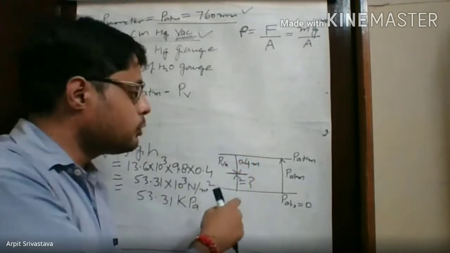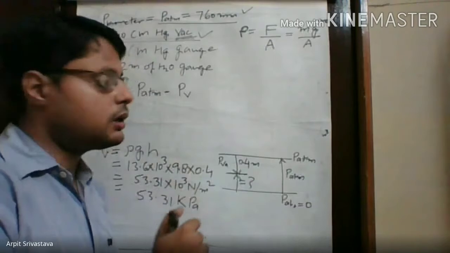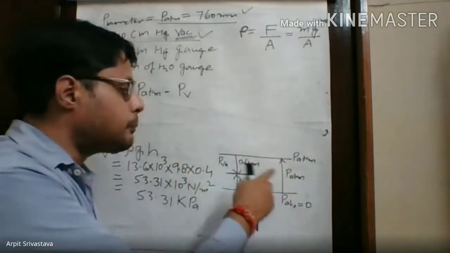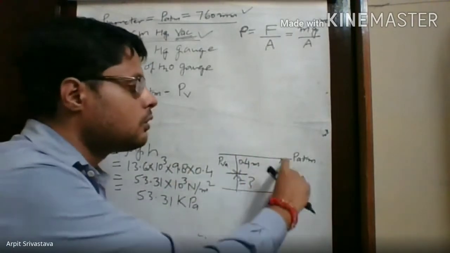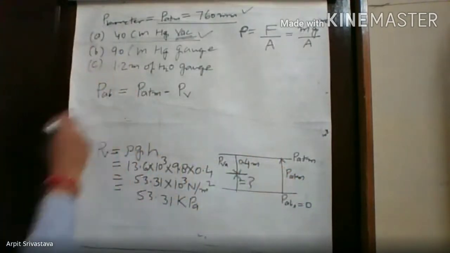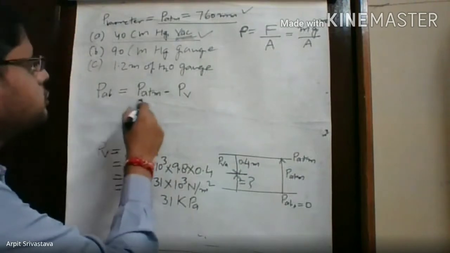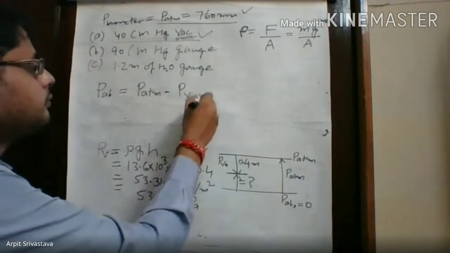So if you want to calculate absolute pressure with respect to vacuum pressure, you have to subtract the vacuum pressure value from the atmospheric pressure value. So P absolute equals P atmospheric minus P vacuum.